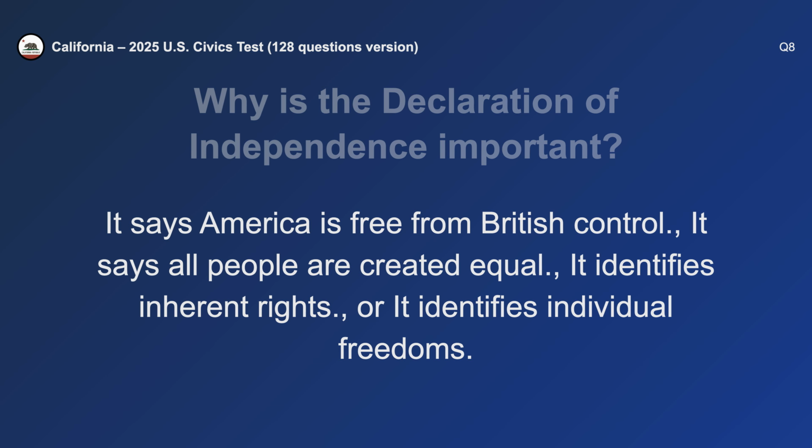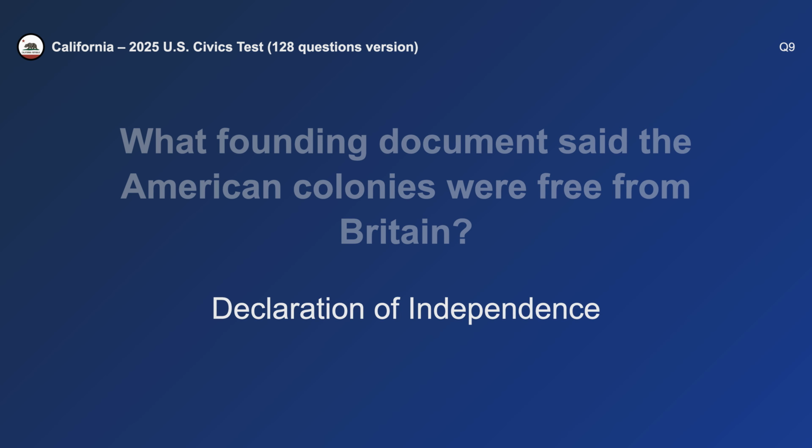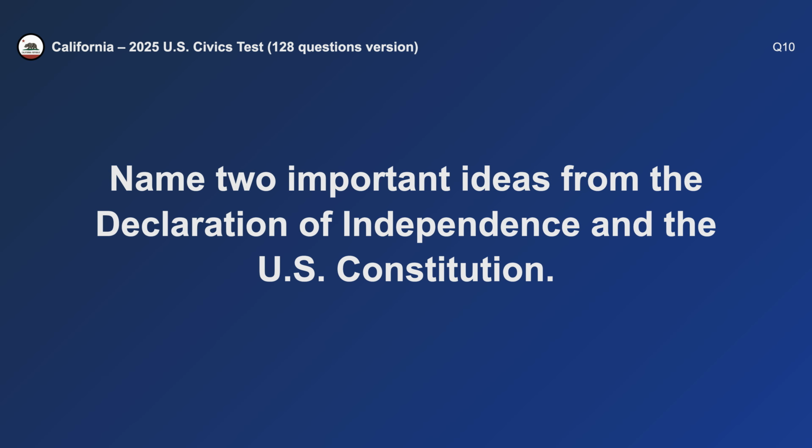It says America is free from British control. What founding document said the American colonies were free from Britain? Declaration of Independence. Name two important ideas from the Declaration of Independence and the U.S. Constitution.